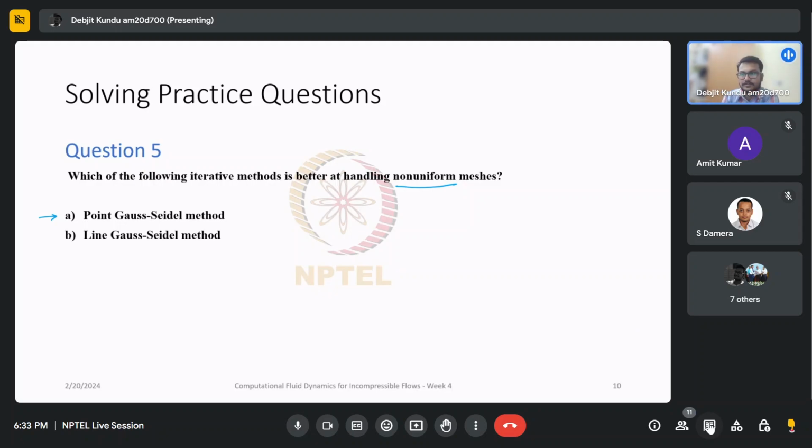Is it the point Gauss-Seidel method or the line Gauss-Seidel method, which is better at handling non-uniform meshes?